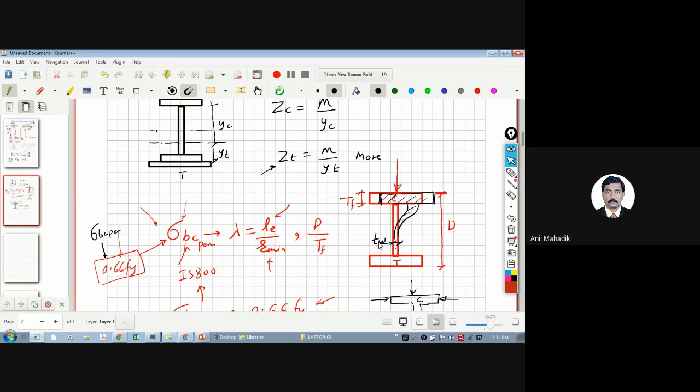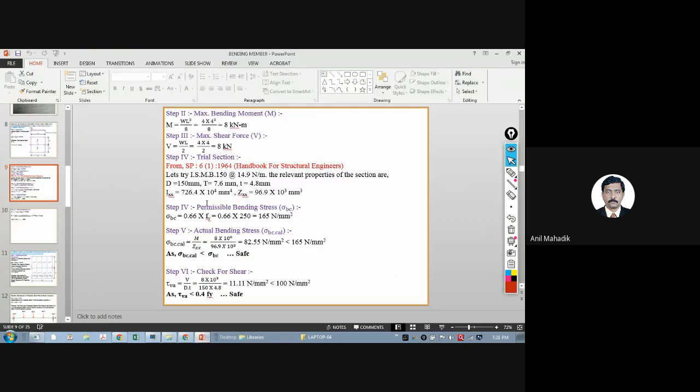In steel table, there is a small t and capital T only. But small t means TW, thickness of web, and capital T means thickness of flange. Then we also get the I values, IXX and ZXX values from the steel table. So you can refer the steel table IS 800, 808.